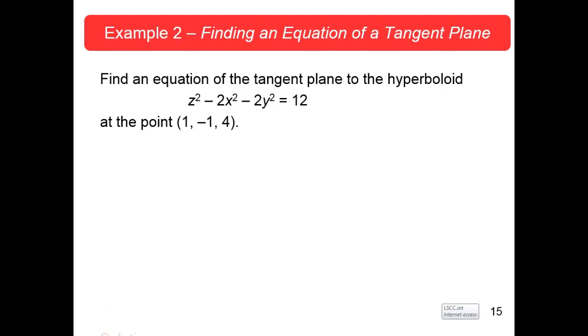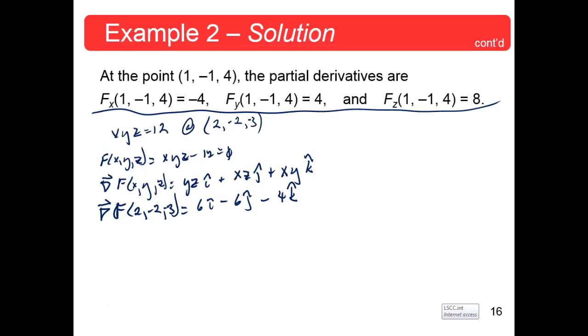So your normal line at that point has direction numbers 6, -6, -4.